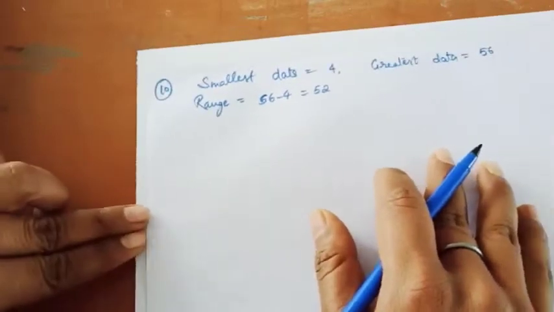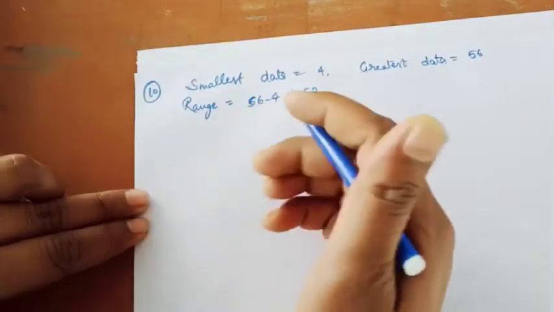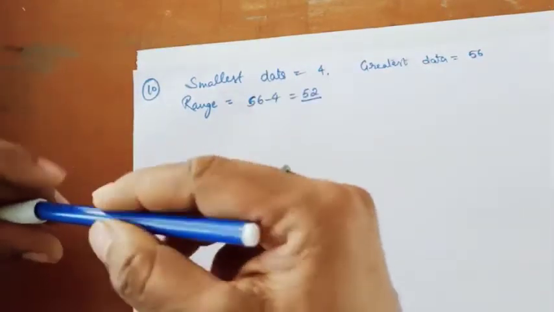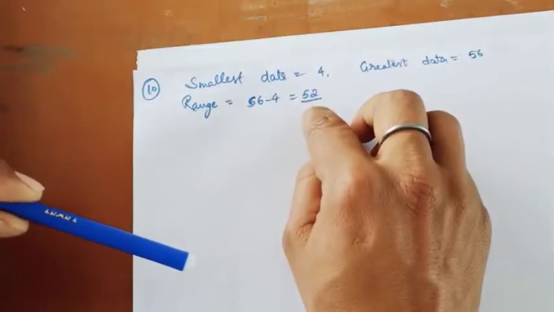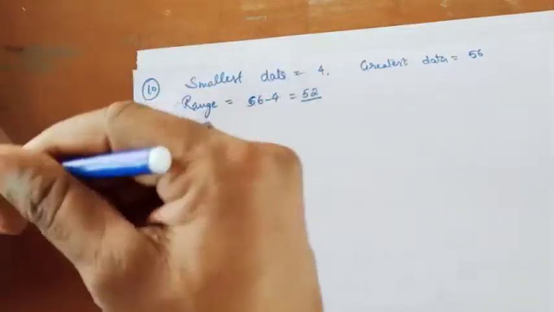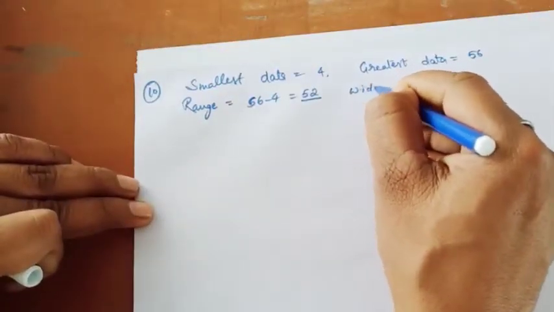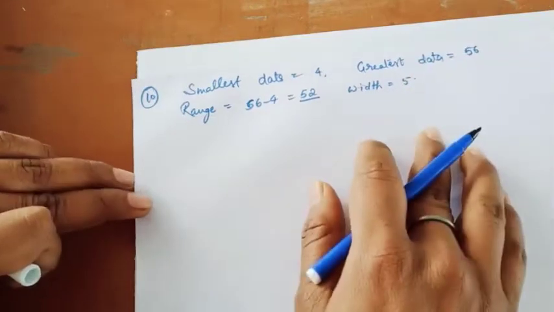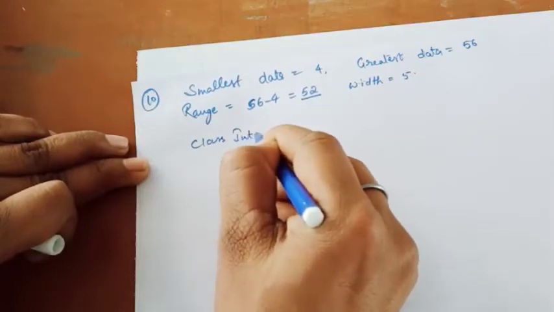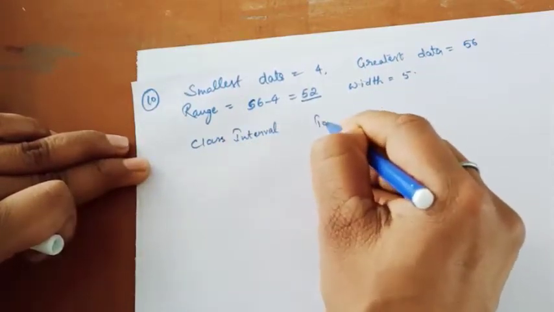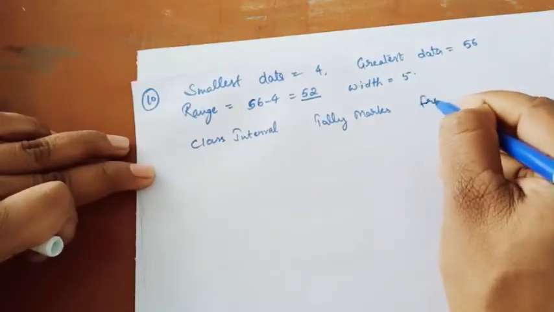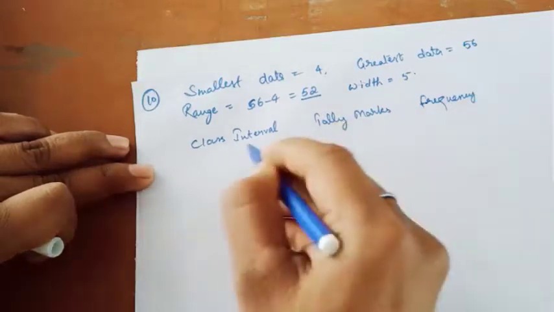First of all, we will make the intervals. The range is 52. If we take 5 in each, we will need 11 intervals. Let us take the width of the interval as 5. I am making columns here: class interval, then tally marks, and lastly frequency.